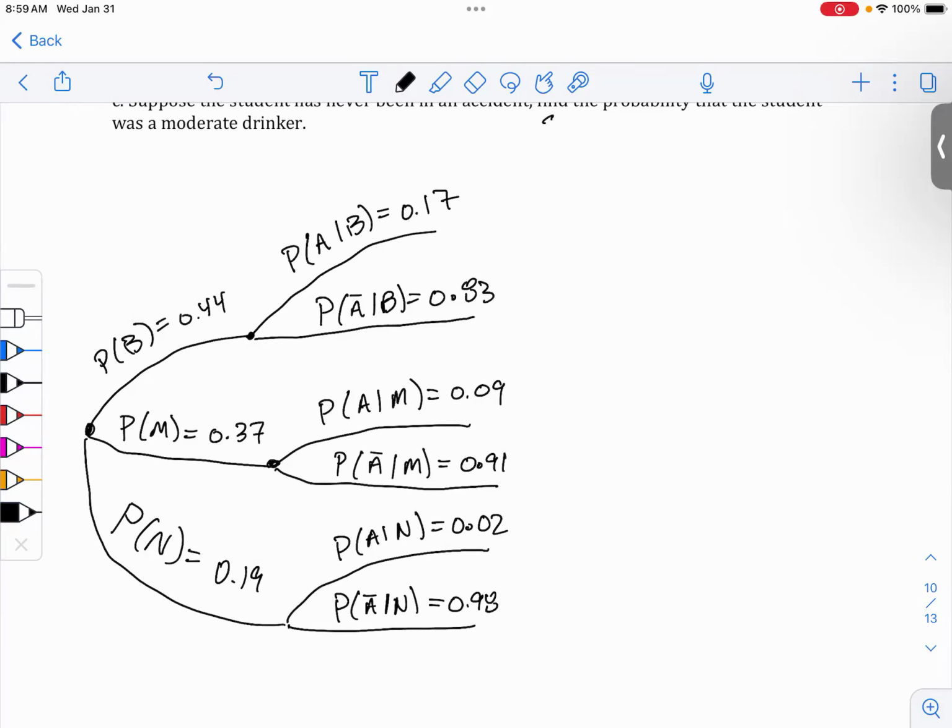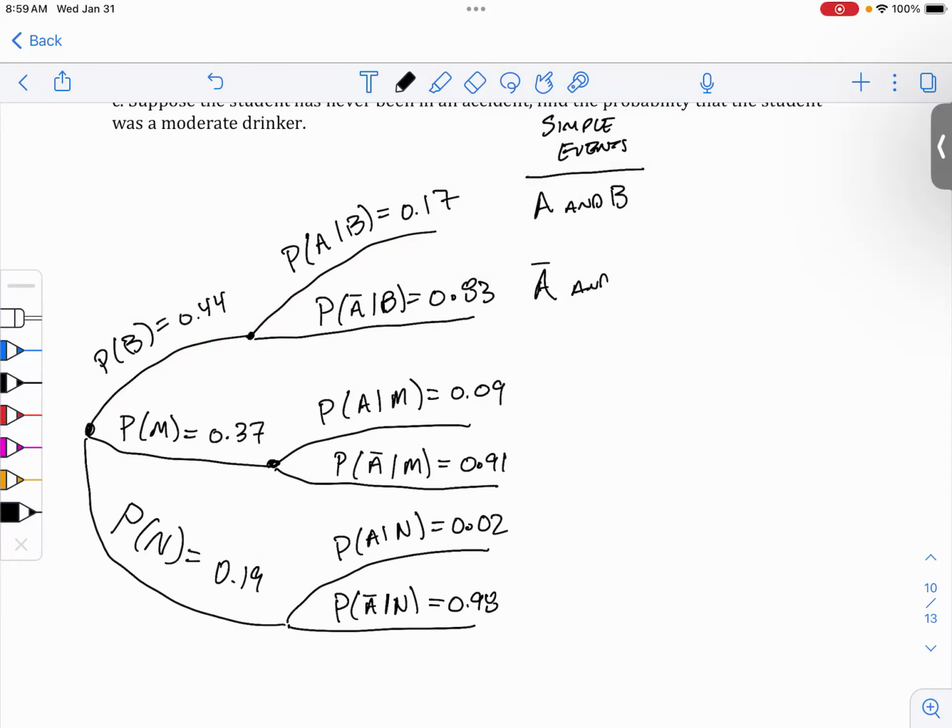Then we're going to create what we call the simple events. Each of these branches lines out as the probability of B times the probability of A given B. That creates the event A and B, and that's what a simple event is: something without a conditional.